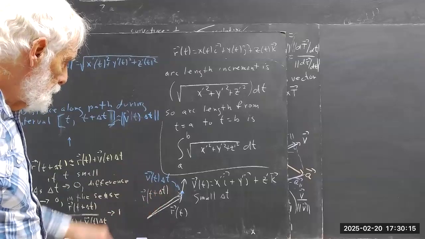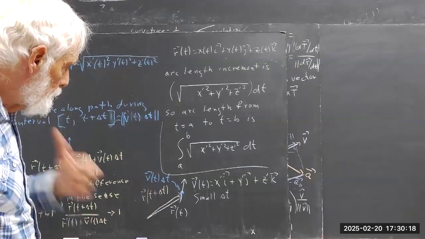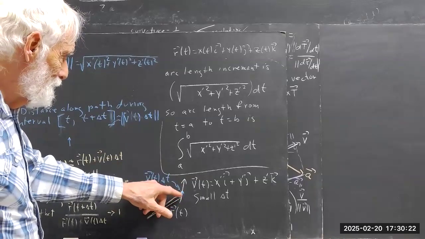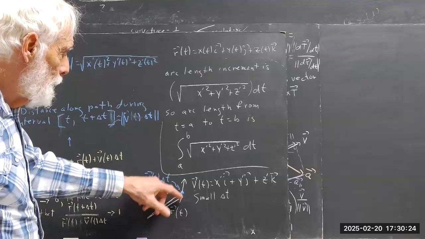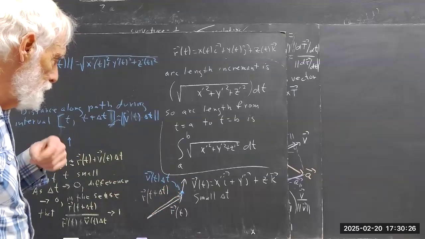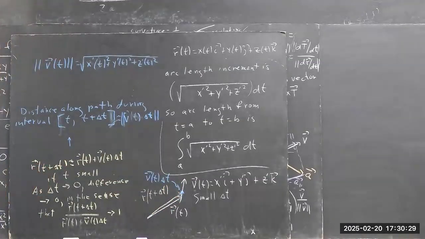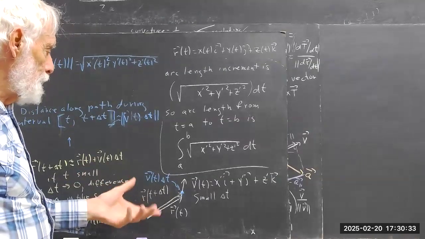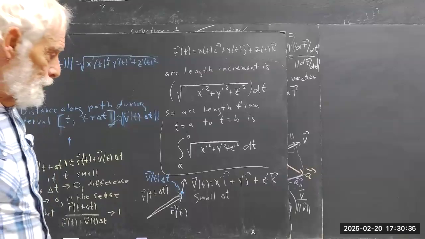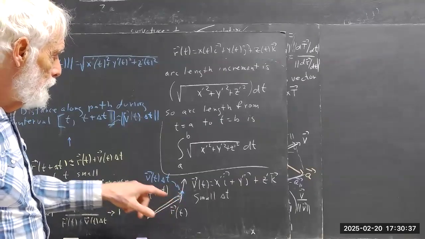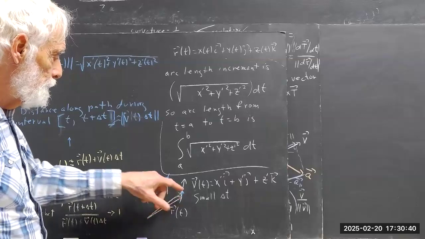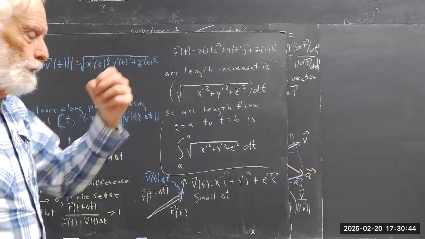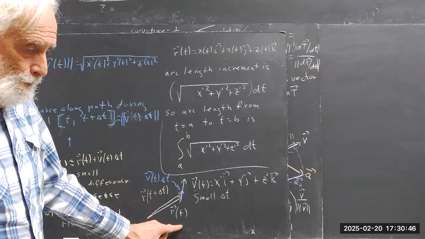Now, if you look closely at my picture here, it should be clear that that blue vector is quite a bit longer than the distance from here to here. It goes beyond the tip of the yellow vector. Okay. And what that would mean is, in this case, things actually slow down. The distance that we move, or v of t delta t, is a distance we move as we would predict it based on our velocity at time t.